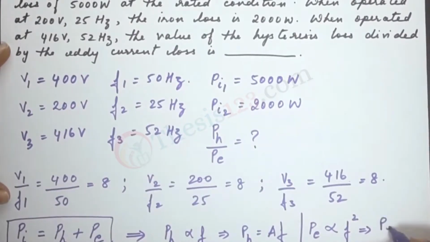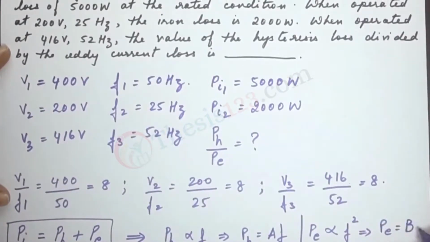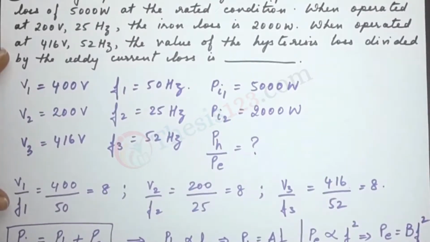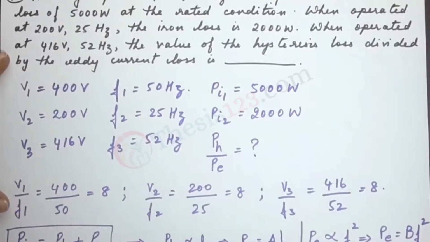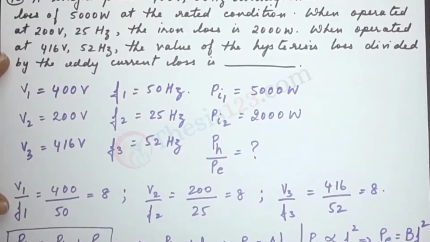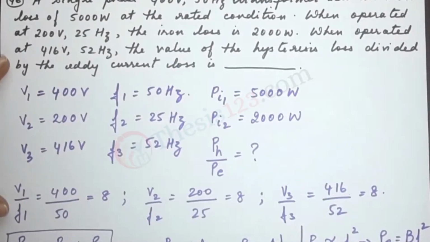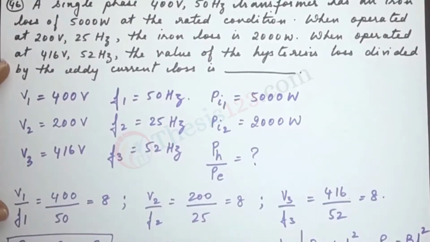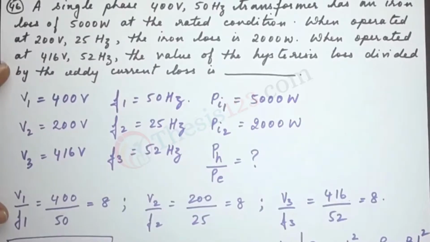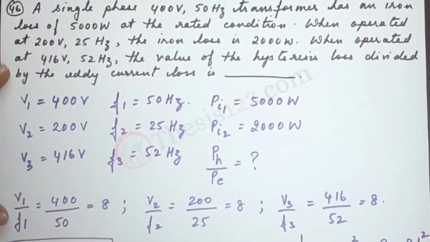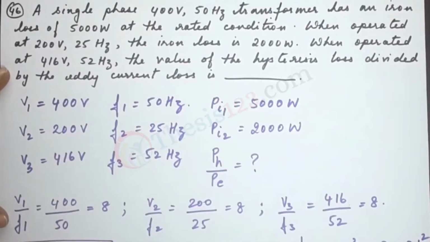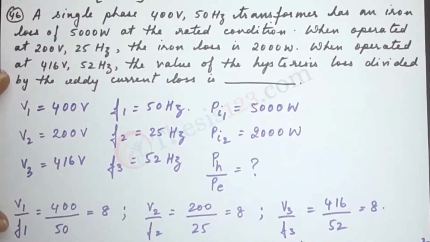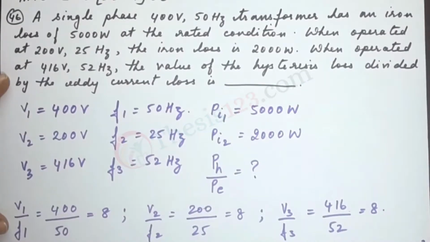So let's write this as PE equals B into F square. This is important. Once you find out that the ratio of V by F is constant, we can take the relationship of the losses with the frequency. So hysteresis loss is directly proportional to the frequency, while eddy current loss is proportional to the square of the frequency. So here we have two relations, PH is equal to AF and PE is equal to BF square.